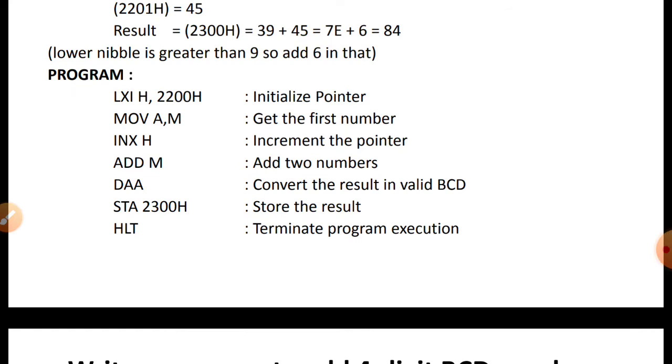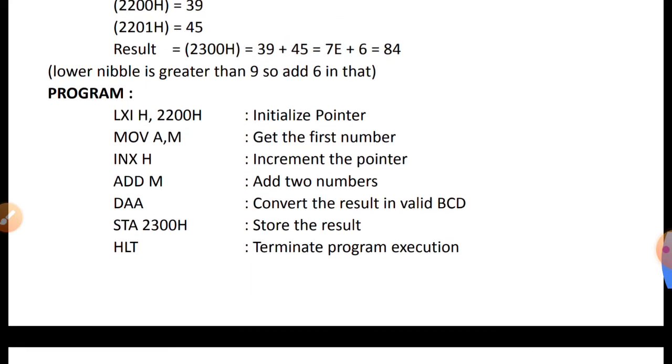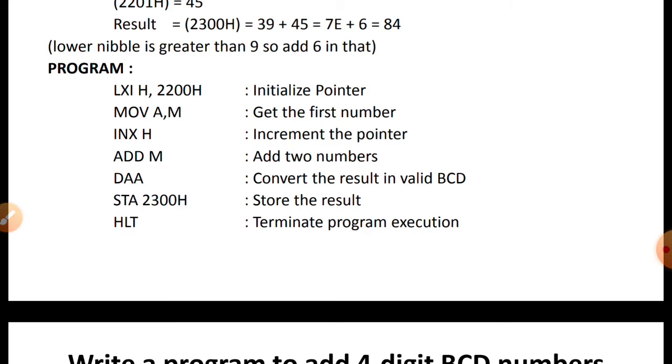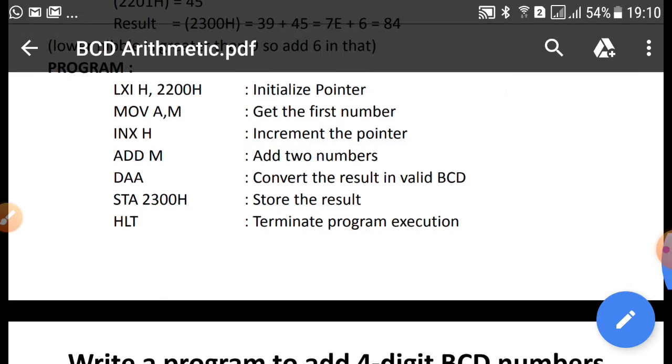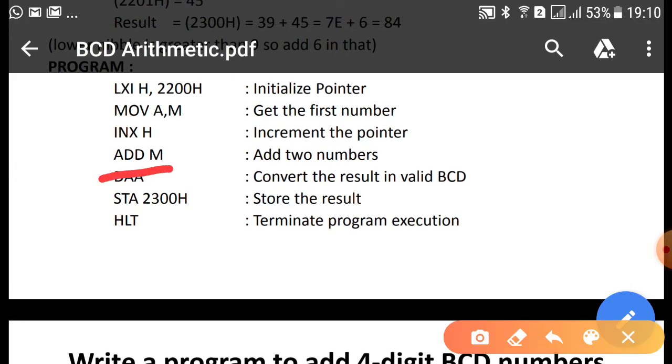The program is to initialize the pointer where the BCD number is available, and we copy the first number, that is 39, into the accumulator, and then we increment the content of the HL pair so that it becomes 2201. So the content of 2201 will be added with the content of the accumulator with the help of the ADD M instruction.